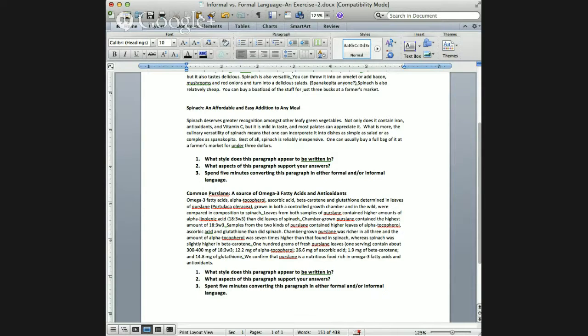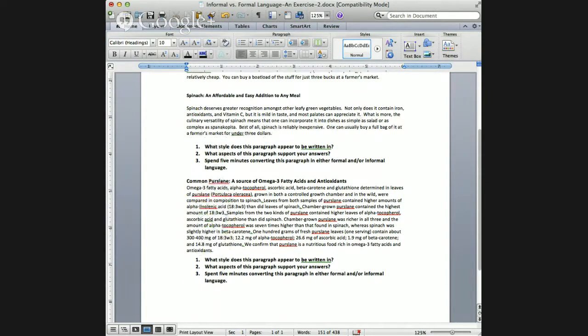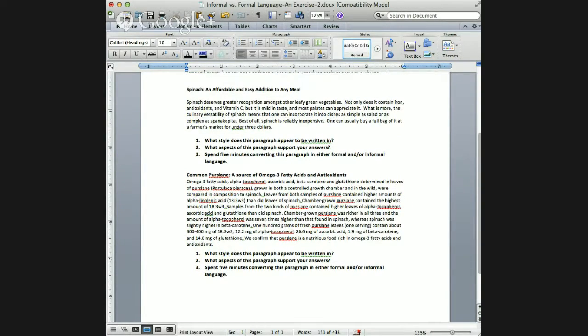And I might have made the decision to keep it because the mild enough sort of set it up for me, so that the spinach was mild and the sort of passive clause that followed, to be appreciated by most palates, didn't seem all that threatening to me. But I wrote it this way. Here we can debate the merits of this one versus the other version.